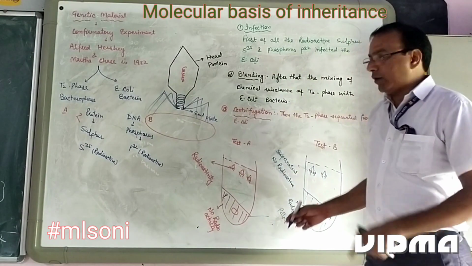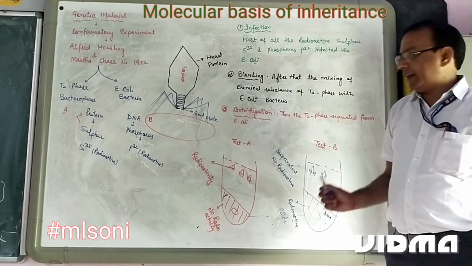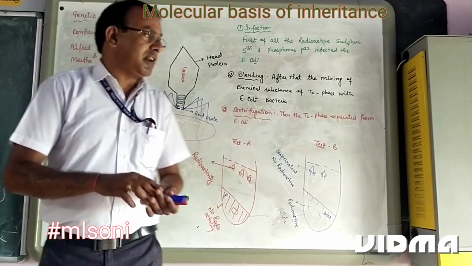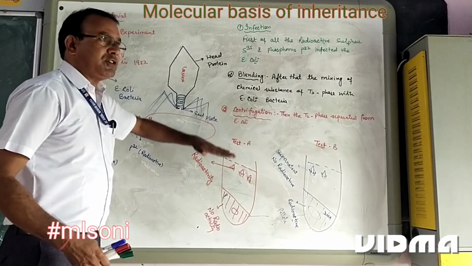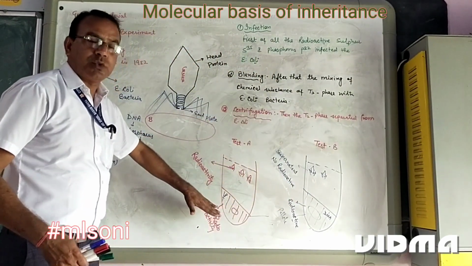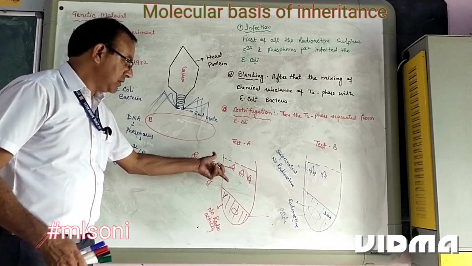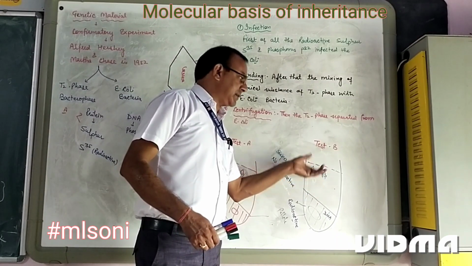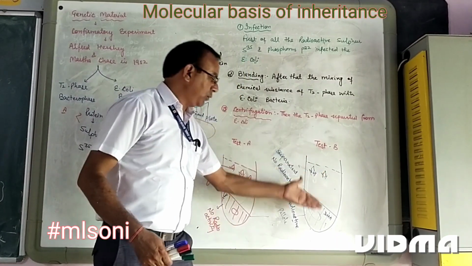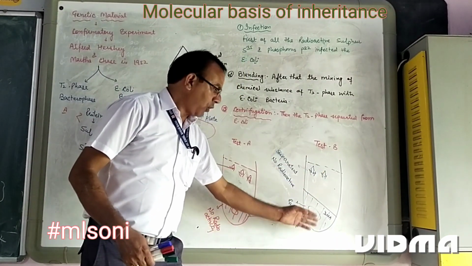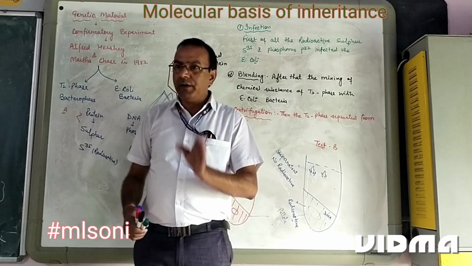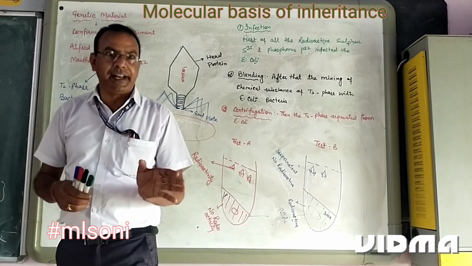Here they proved that only DNA is the genetic material, not protein, because the radioactive material was transferred from T2 phage to E. coli bacteria through phosphorus, which is present in DNA.